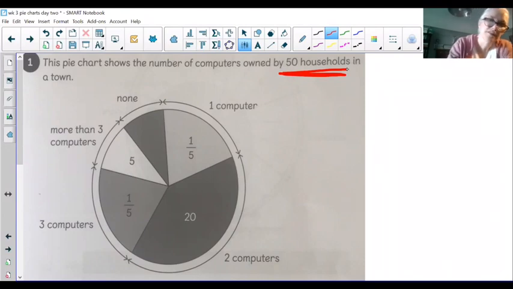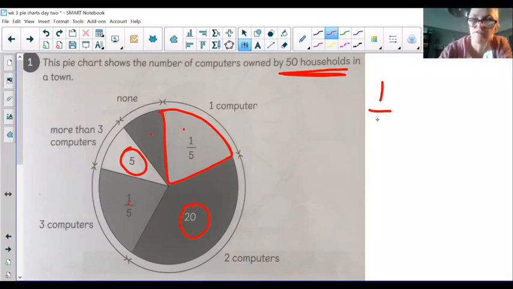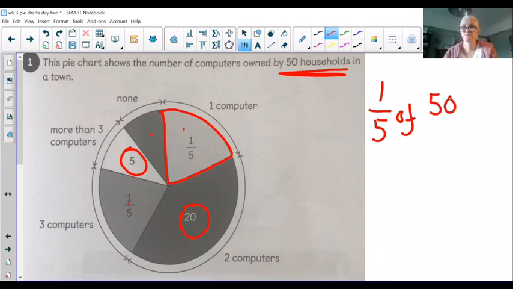Okay, we know that this is 20. So we know that the rest is 30. And we know that's 5. So this and this have to add up to 25, don't they? So it's relatively straightforward because I need to know what this is. And that is 1/5. So to work that out, I want to know what 1/5 of 50 is. So how do you find a fraction of a number? You divide the number by the denominator, remember?